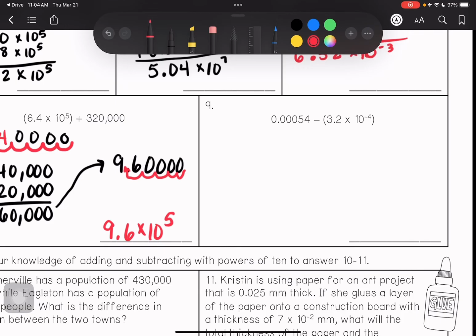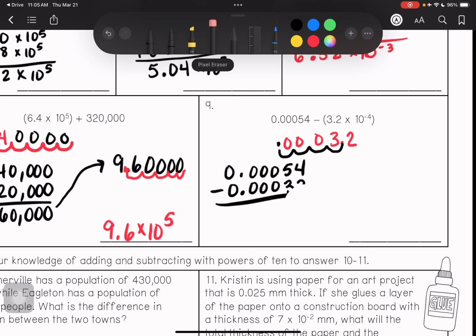Number 9, we want to make this second number 3 and 2/10 times 10 to the -4 in standard form. So I need to move the decimal 4 places to the left. 1, 2, 3, 4. I need to add 3 zeros. All right, so now we're going to line up our decimals. I'm going to subtract.